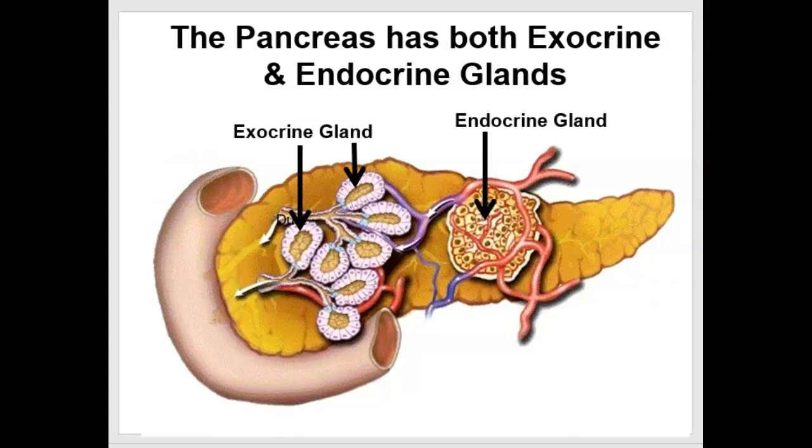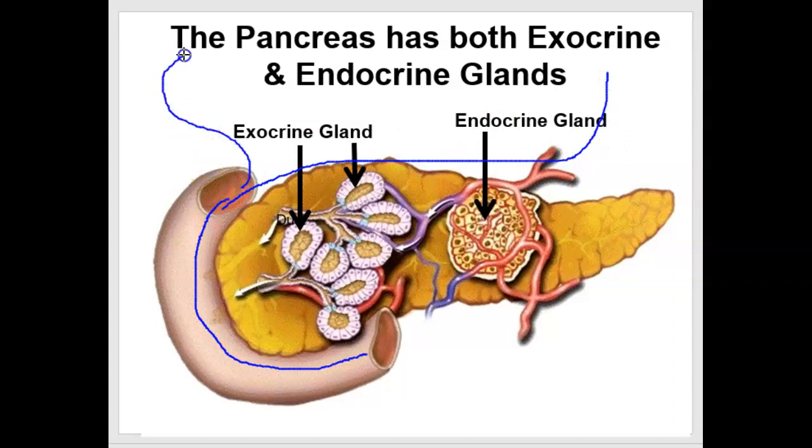So this is a region of the small intestine right here. And the stomach lies up here. So the stomach is way up here. And the food comes in to the small intestine. Okay? Now there is a duct that leads from the pancreas into the small intestine.